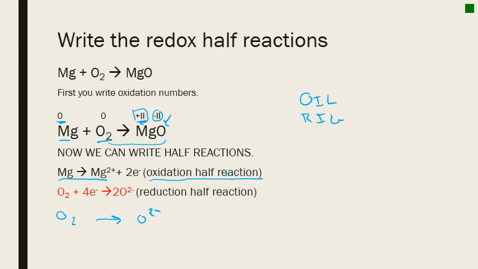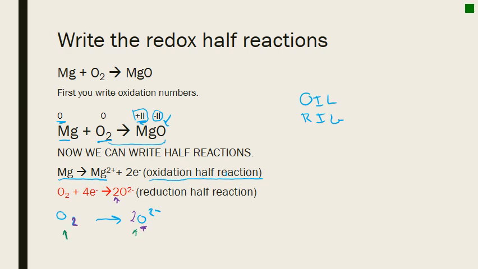Now here we've got 2 oxygens. Here we've only got 1. So to balance it, we have to write 2 here. This is why I've written 2 here. So here I've got 2 oxygens now, and here I've got 2 oxygens now.